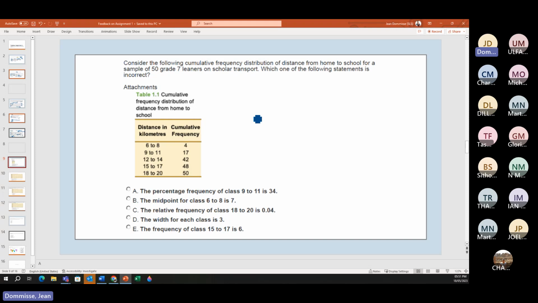remember that your assignment is, I call it linear, so that you can't go back. So when you're done with question one, you go to question two, you can't go back to question one again.